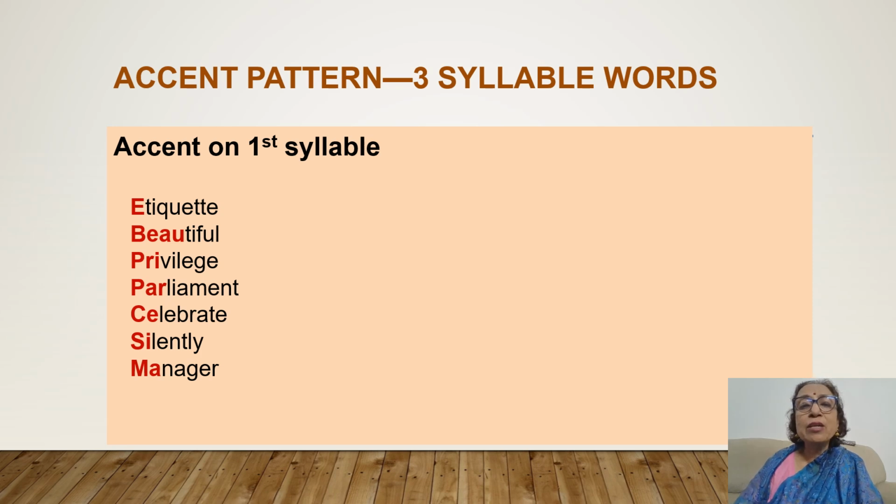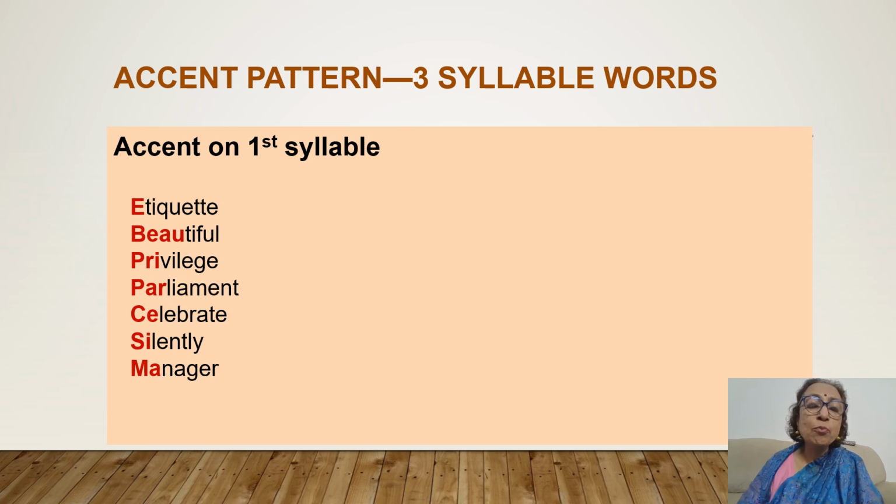Although the sound is made by adding 2 vowels, it is not considered as 2 vowels when we are counting the syllables. A diphthong is also a single vowel, so it's a single syllable. The number of vowels determines the number of syllables. This I explained to you in the mid-level pronunciation video. I'm repeating here. If there are 2 vowels in a word, that has 2 syllables. If there are 3 vowels, there are 3 syllables.